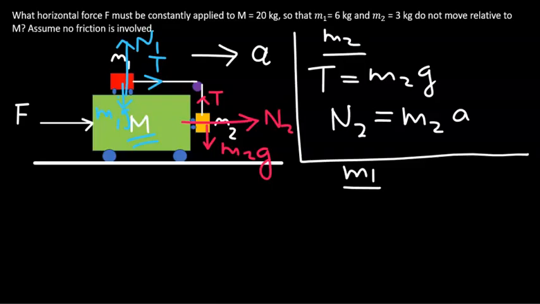Because M1 is pressing on capital M, M will in return press against M1 with that much force. So that is the normal force in an upward direction on M1.